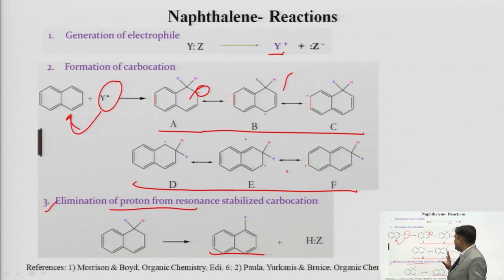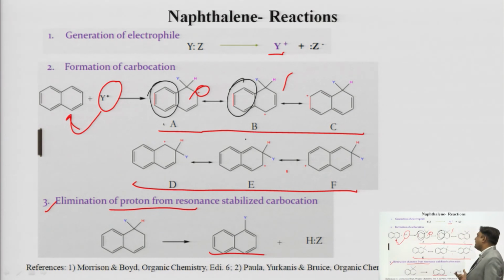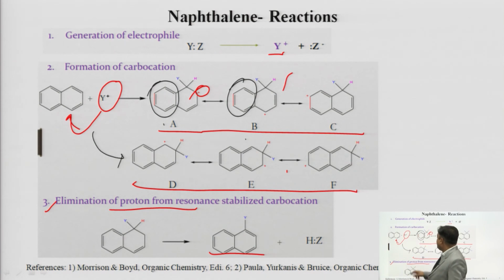So, what is the difference between them? You can see that in case of attack on alpha carbon, 3 resonating structures are there. Out of 3, in 2 structures the benzene ring is intact. Here in structures A and B, this benzene ring is intact, while in C there is no benzene ring intact. Okay. When we go for the beta substitution, 3 resonating structures are also possible.